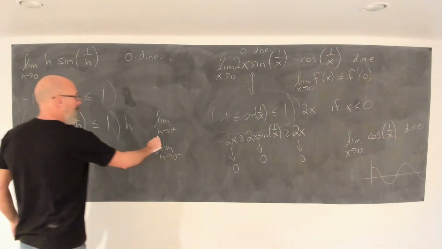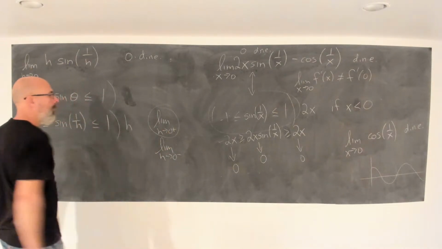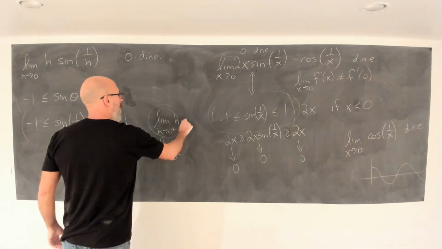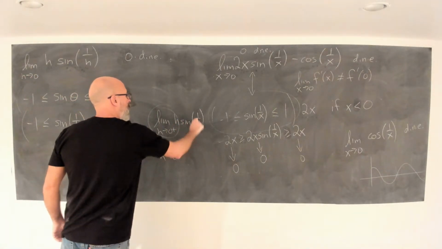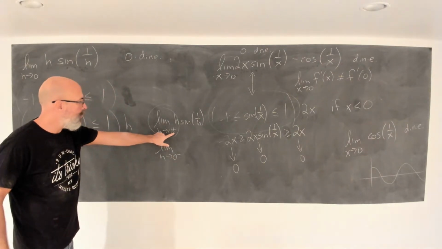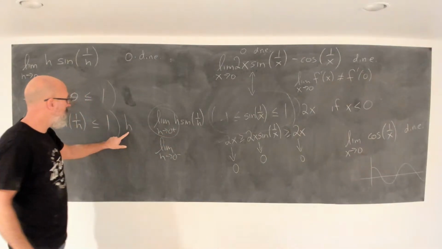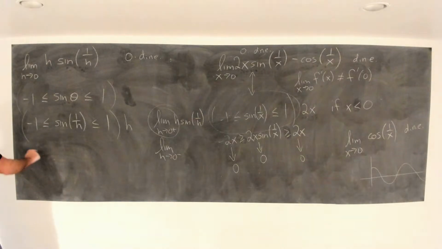So let's take this limit. In other words, let's assume h is bigger than 0. When h is bigger than 0, the inequality remains.